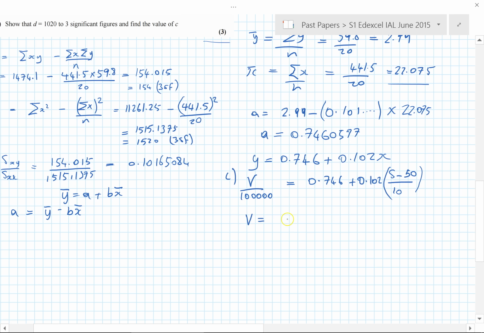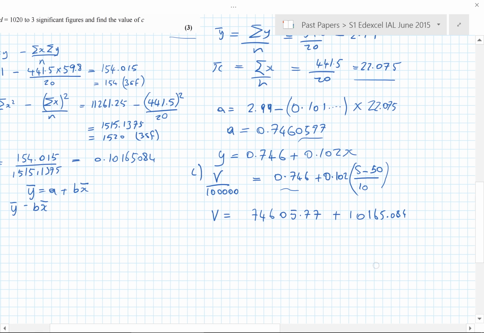So we get V is equal to this number here times 100,000, which is equal to 746, or we could use our original number from here, 74605.77, plus, and we could use our original number here, that times 100,000 would be equal to 10,165.084.